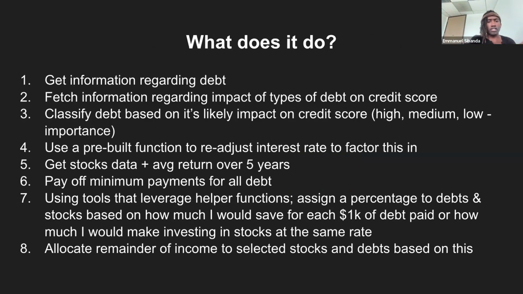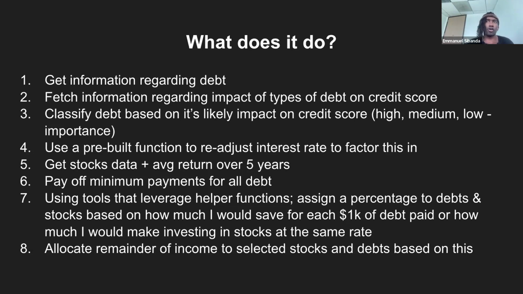So what does the current pipeline do? This one gets information regarding the debt. It's using the fetch spreadsheet module, again, the same one I used in the previous agent. It then fetches information regarding the impact different types of debt have on credit score.